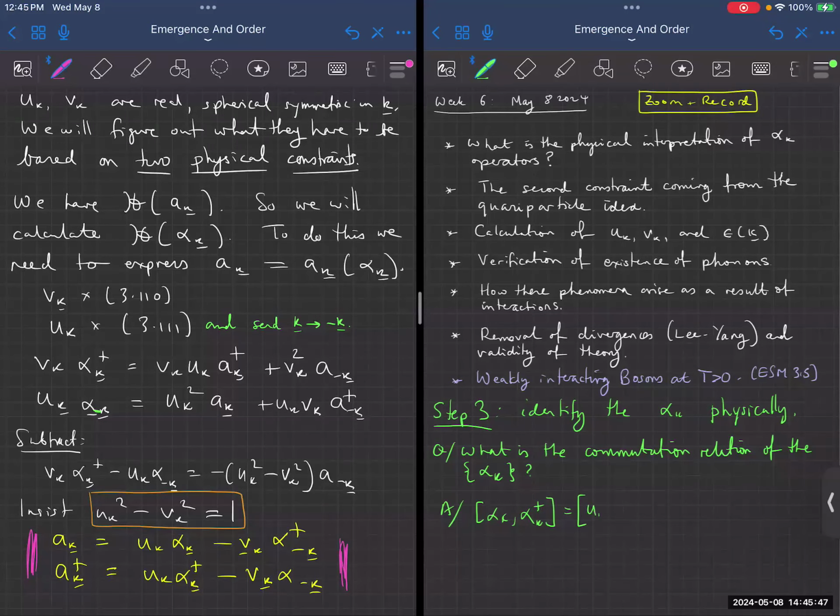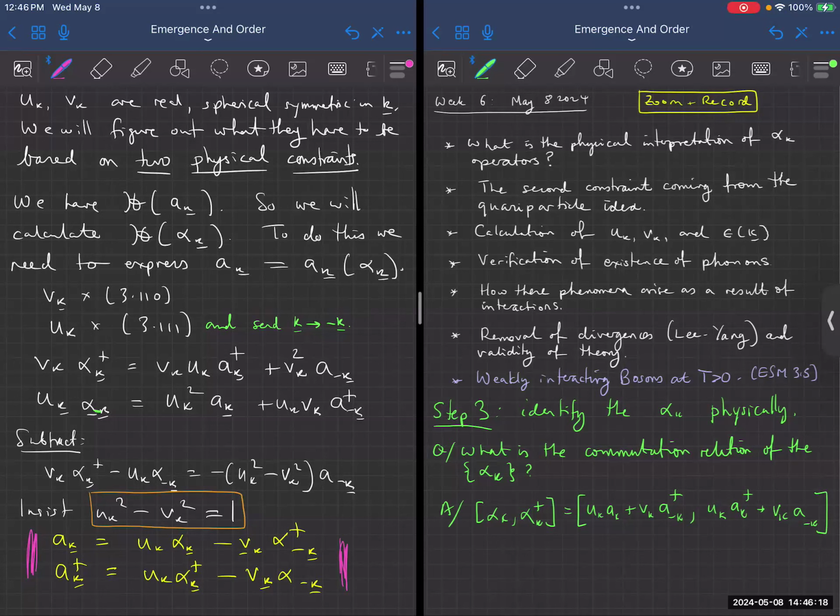So this is u_k a_k plus v_k a_{-k} dagger, and then u_k a_k dagger plus v_k a_{-k}. And no dagger there. Okay, so that's just by the definition.